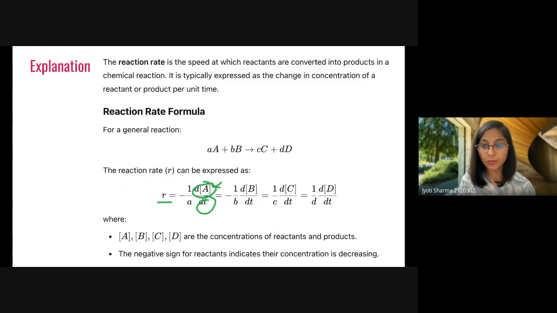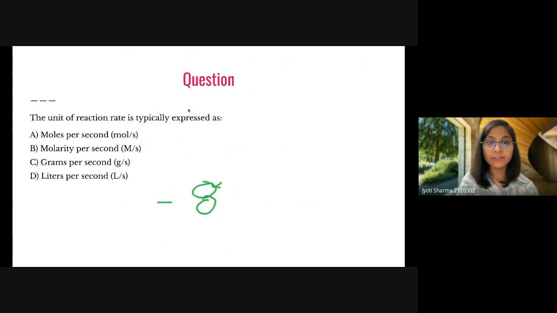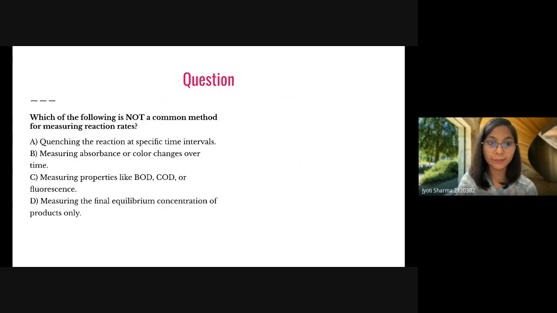So the answer should be molarity per second, because the unit of the concentration of A is molarity, the number of moles per liter, and then we divide by dt. dt is in seconds, so this will give you molarity per second. Is it clear? Smita, is it clear that the answer should be B, not A? This is molarity per second. Okay, great. So answer B will be right.